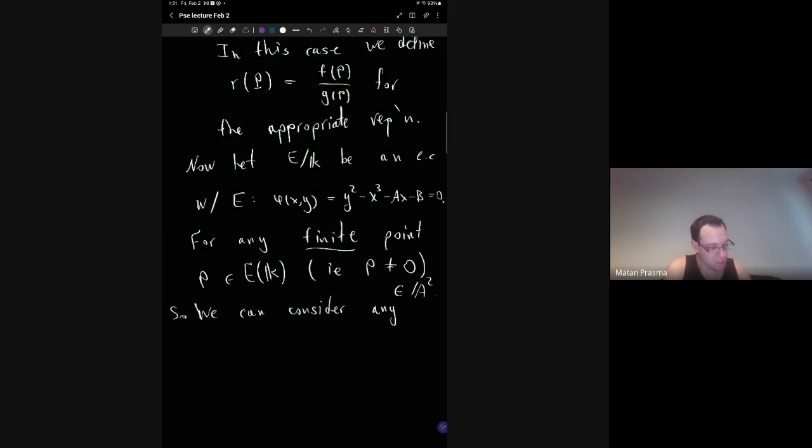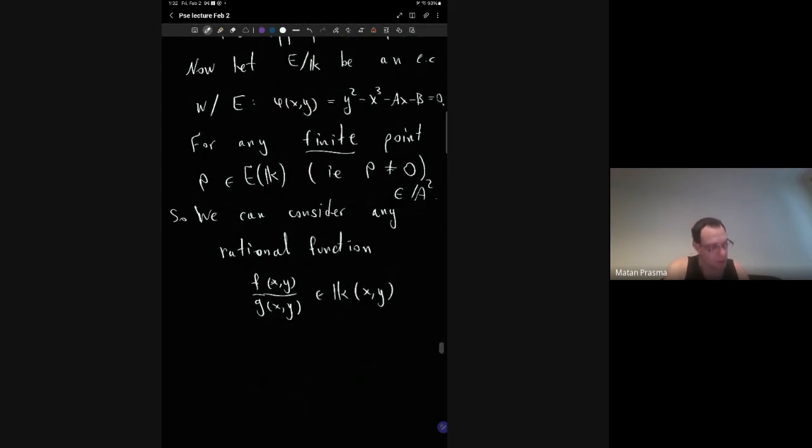So we can consider any rational function, say f modulo g, with the variables restricted to the finite points, right?